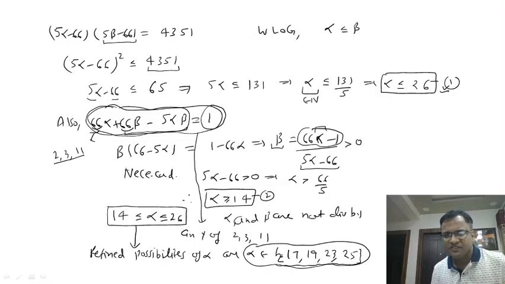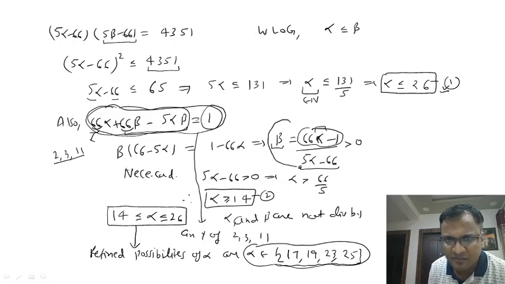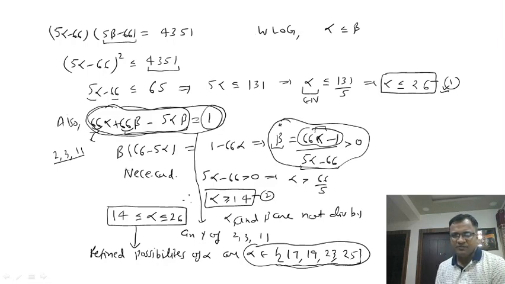Out of these four values, which value do we have to pick? The value of alpha which makes beta a positive integer. So we have to check one by one. Again I want to write the value of beta.